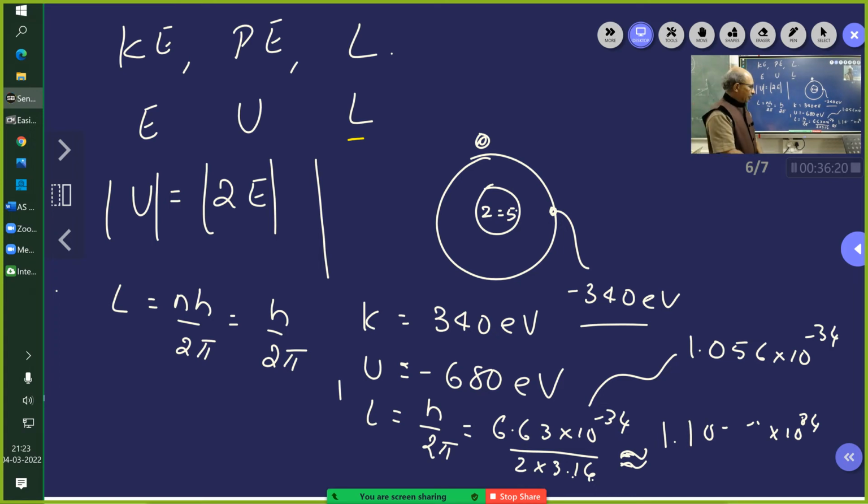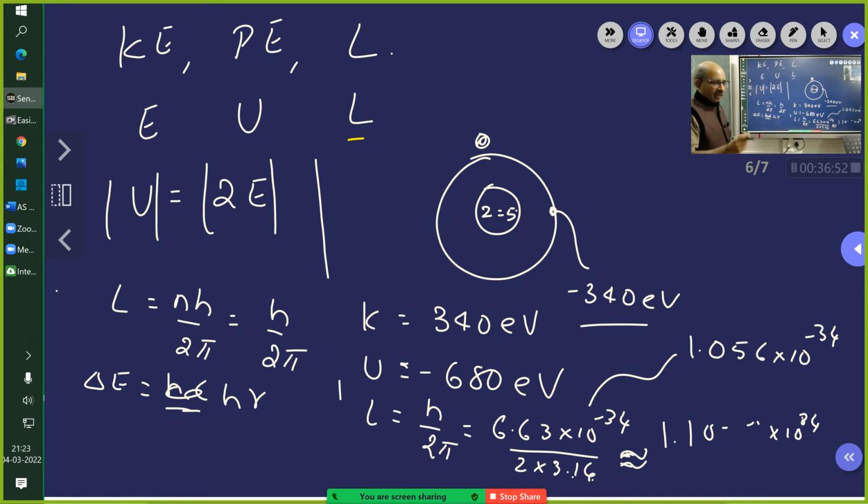Joule centimeter square per second? No. Joule second. You will get it as joule second. How did you get it? Because delta E is equal to hc by lambda or h nu. What is the unit of nu?